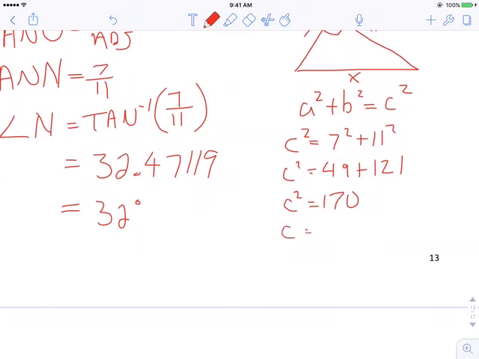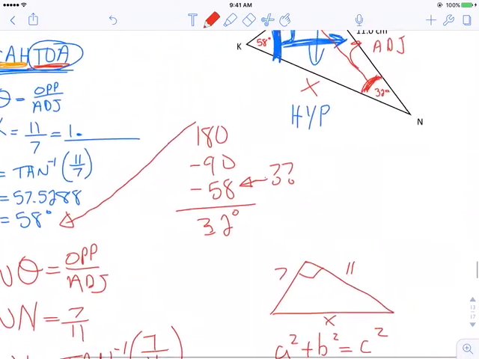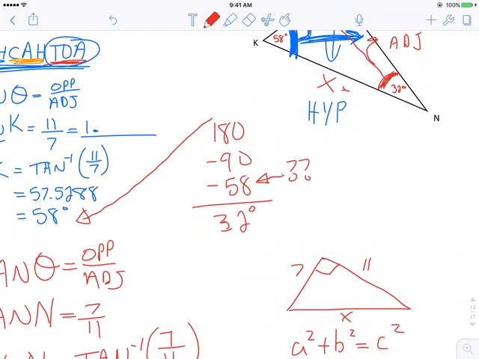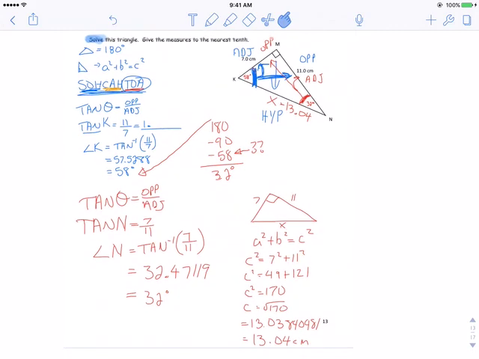To find c, I take the square root of 170, which is equal to 13.03840481, or in this case 13.04, and my units centimeters. So c equals 13.04. And that would be that question right there. Done and complete. Solve the triangle. I know all 3 sides. I know all 3 angles.